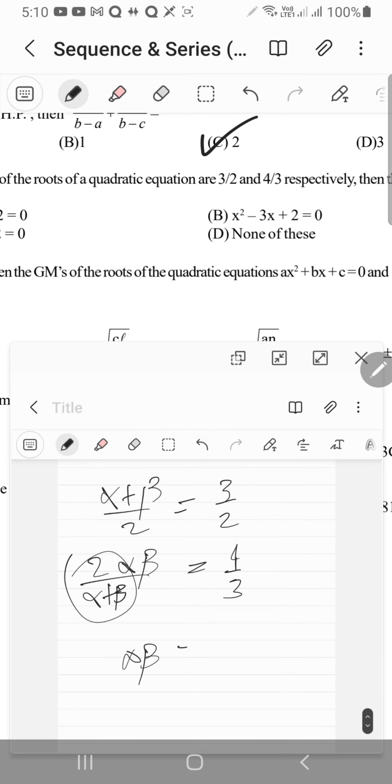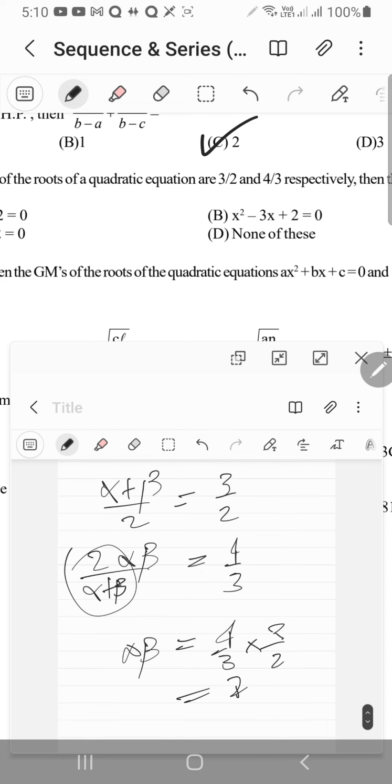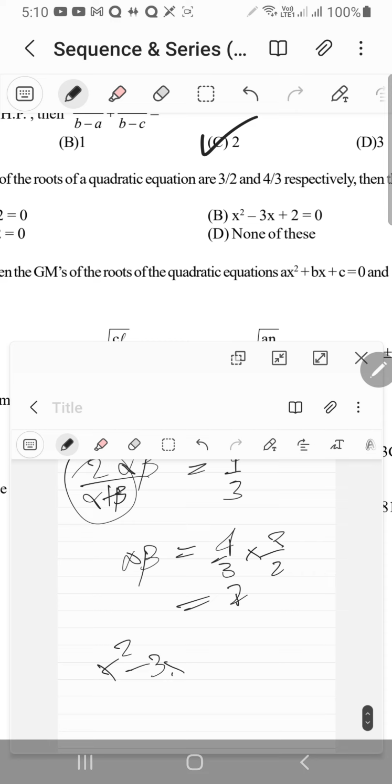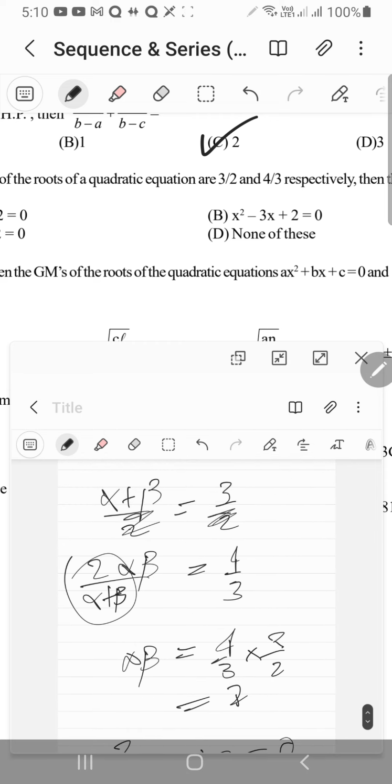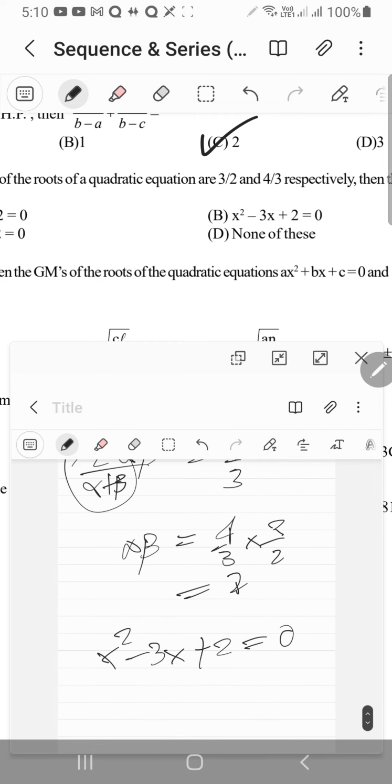So alpha beta is 4 by 3 into 3 upon 2, which is 4 upon 2, which is 2. So alpha beta is 2, alpha plus beta upon 2 is 3 by 2, that just means alpha plus beta is 3. So it's x squared minus 3x plus 2 equal to 0. So it's x equal to 1 and x equal to 2. Looks correct. Yeah.